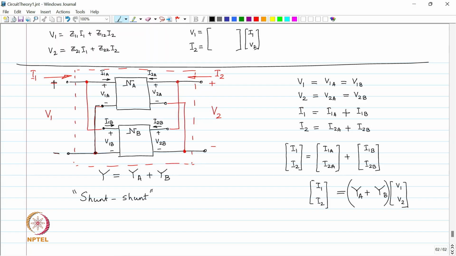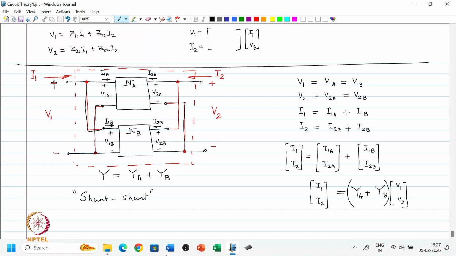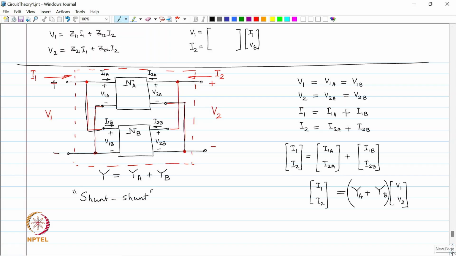So, V 1 A is nothing but V 1, and similarly V 2 and V 2 A are the same, and similarly V 1 B and V 1 are the same, and V 2 and V 2 B are also the same. All right, this is called shunt topology, shunt setup, right, and you are going to use y parameters.